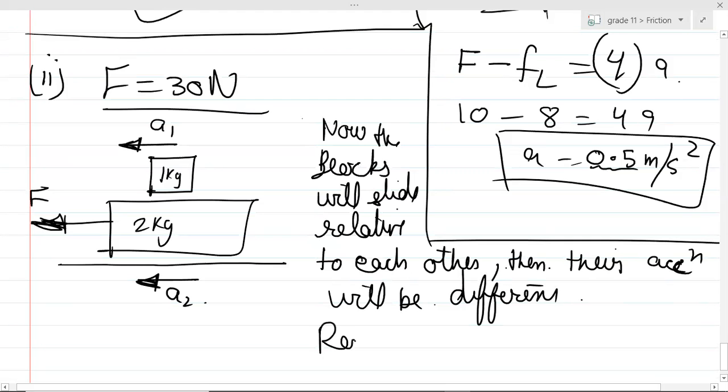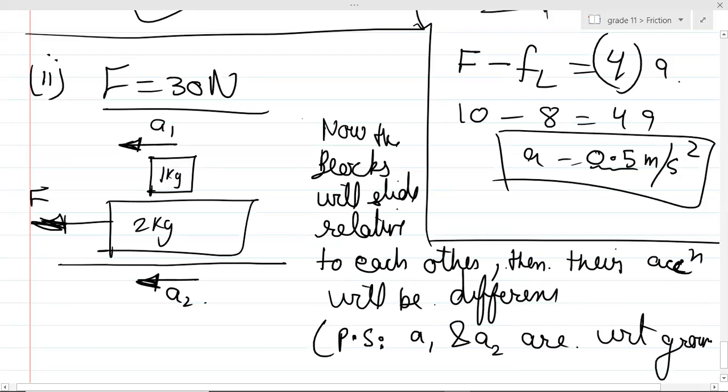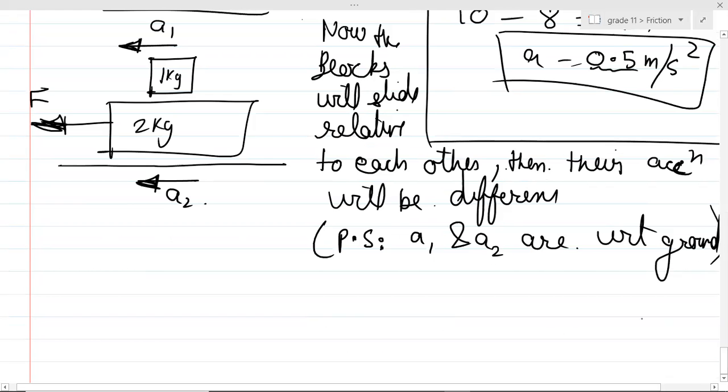Remember, A1 and A2 are with respect to ground. Okay? Please remember, A1 and A2 are with respect to ground.